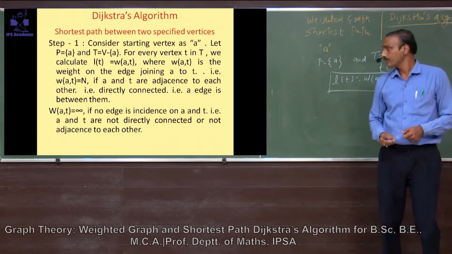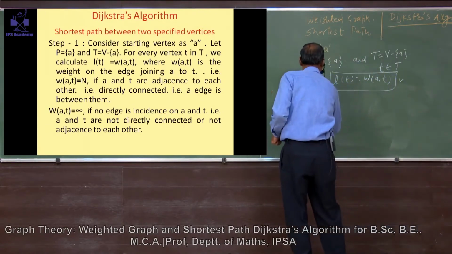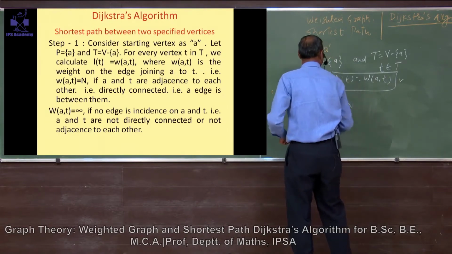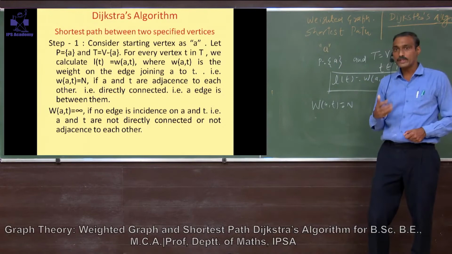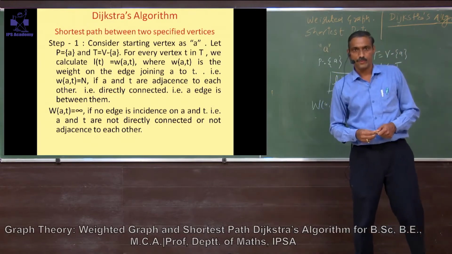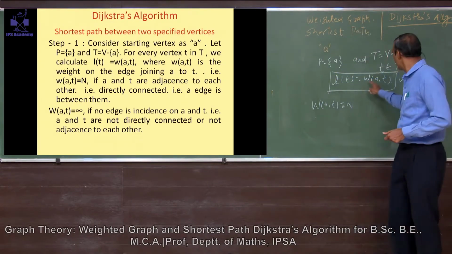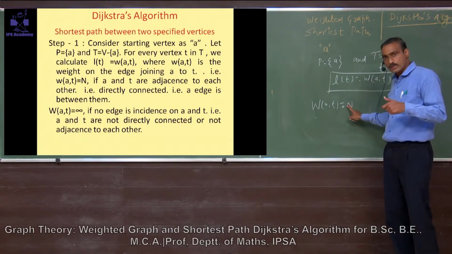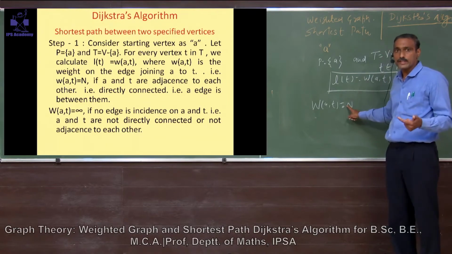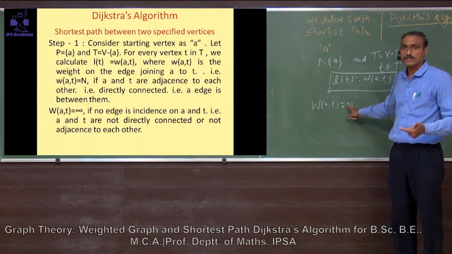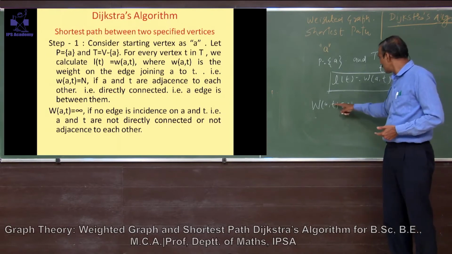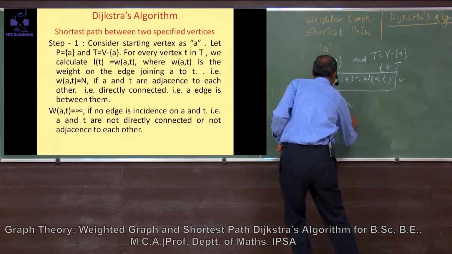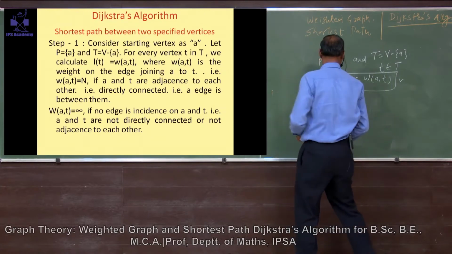That is, we define W(A,t) equals N, where N is the number which is the weight given on the edge. If A and t are adjacent to each other, directly connected, then we put N. Otherwise, if they are not adjacent, then we put infinity.